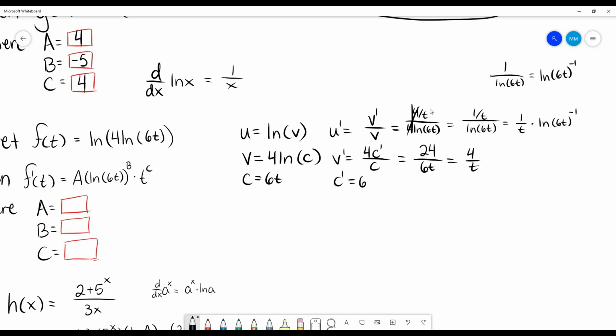And then since I've also got this 1 over t, and they also want the t to be up there, I know that that's going to be a t to the negative first power times that natural log of 6t to the negative first. And we've just about done it, except I see that they're in the opposite order there, so I'm just going to move those around, which I can do, again, because we're just multiplying. And there. Now that's in the form we want it to be. We see that our a happens to just be 1 in this case because our other coefficients have canceled out. And then our power of b is -1, and the power of c is also -1.